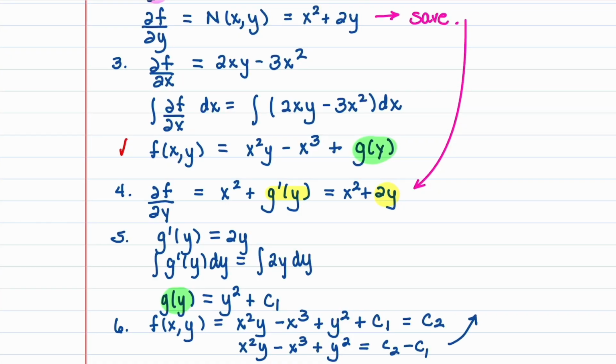We'll then combine these constants and we'll get the final answer, x squared y minus x cubed plus y squared is equal to an arbitrary constant c. And that's the implicit solution to the differential equation.